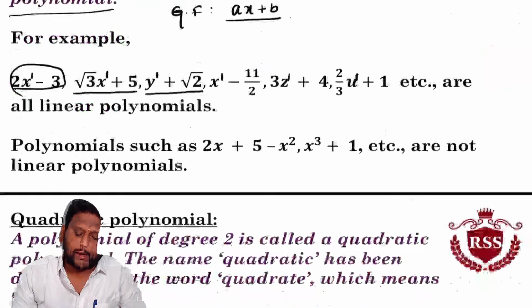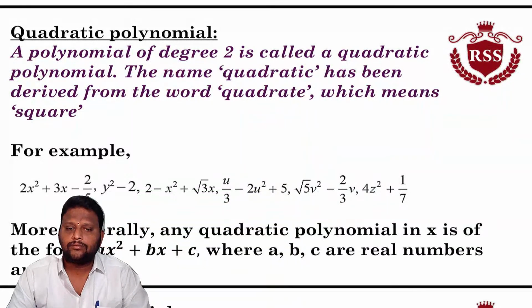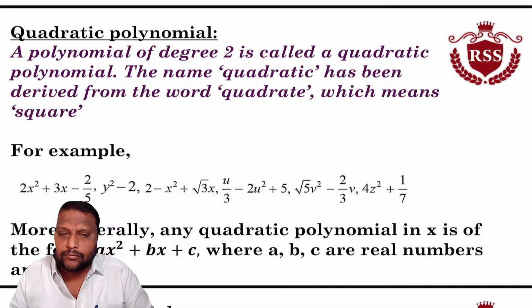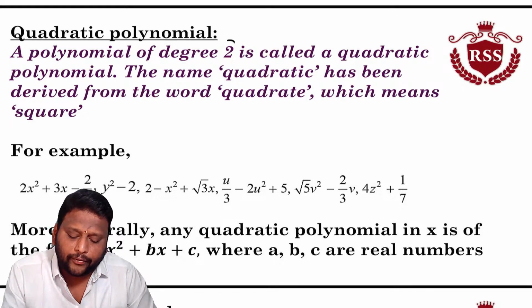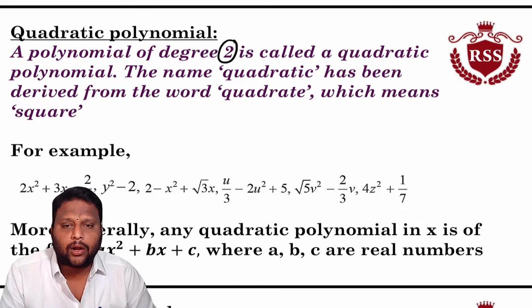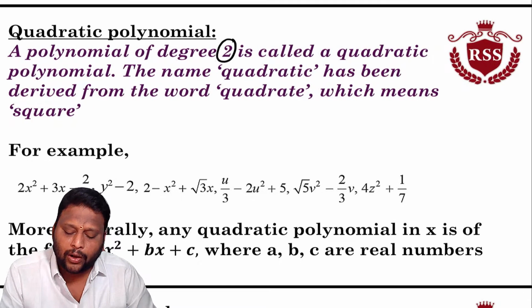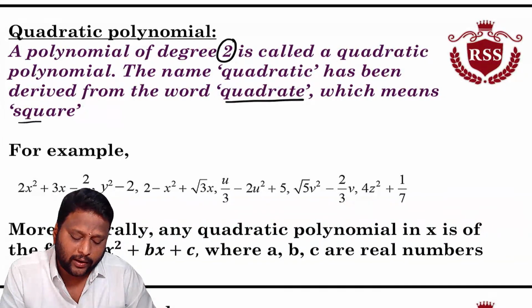Okay. Next, quadratic polynomial. A polynomial of degree 2 is called a quadratic polynomial. The name quadratic has been derived from quadrate. Quadrate means square.